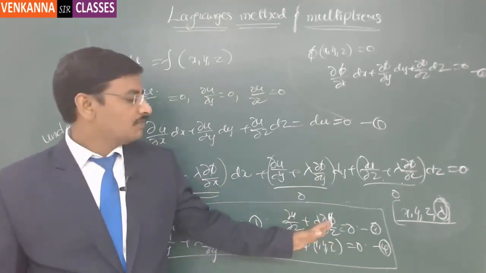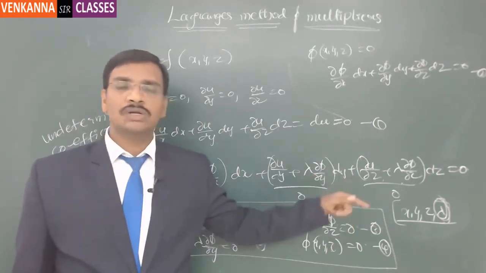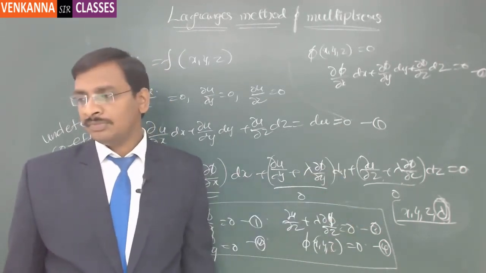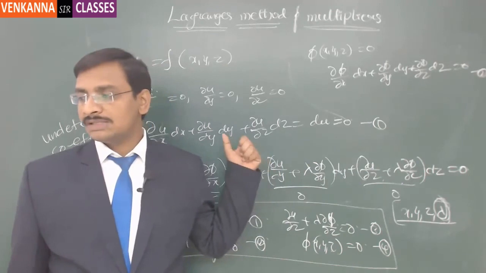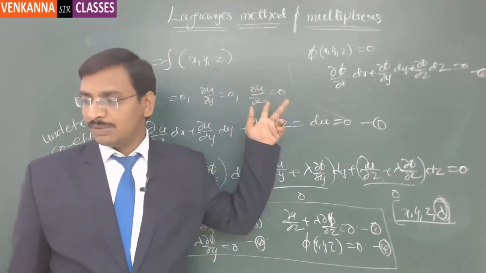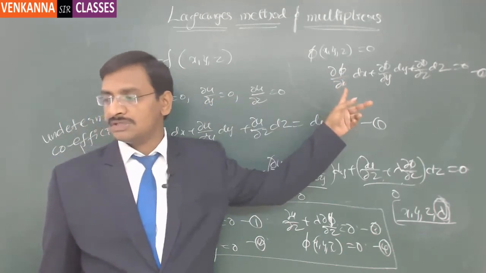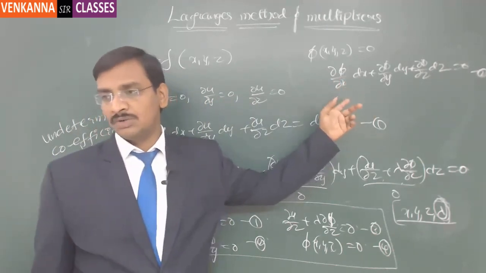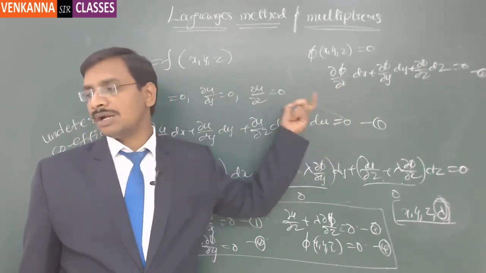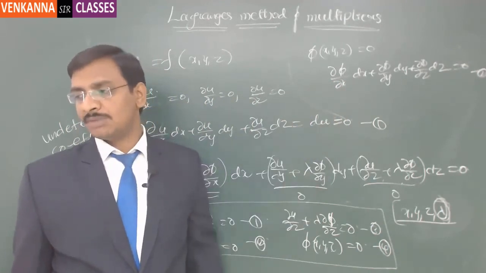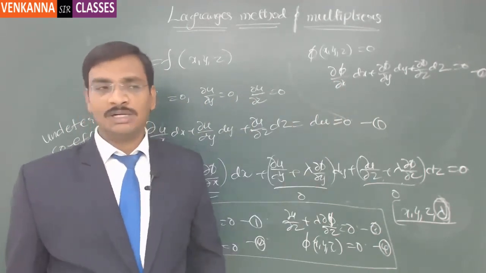So that's why this is an undetermined coefficient, and this is why we call this Lagrange's method of multipliers. The undetermined coefficient and the constraint function are getting multiplied together. That's why the name Lagrange's method of multipliers.